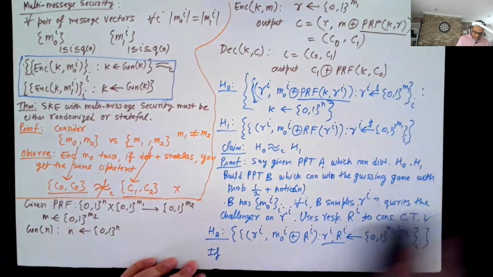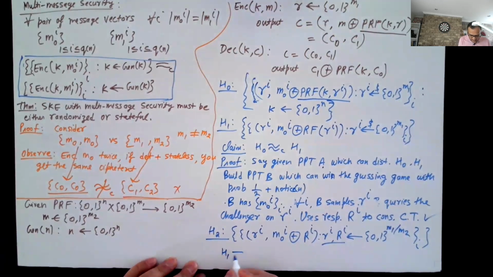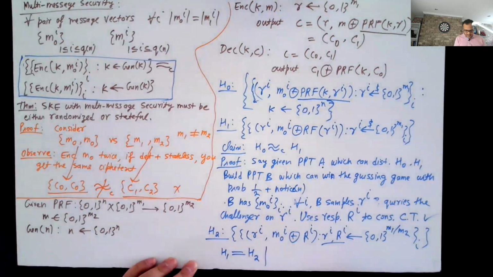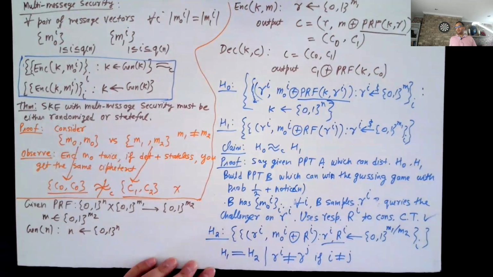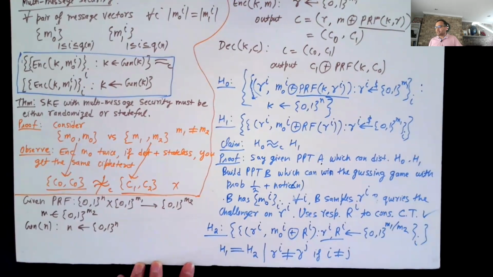So what I will claim is that H1 is actually identical to H2, conditioned on the event that ri and rj are different if i and j are different. So if there are no collisions in picking ri, then basically these two hybrids are essentially identical.